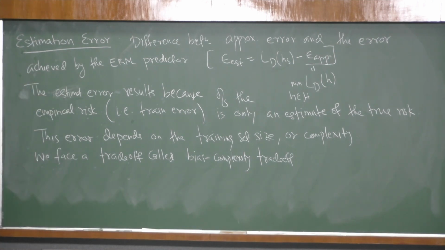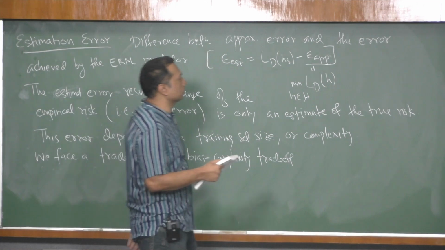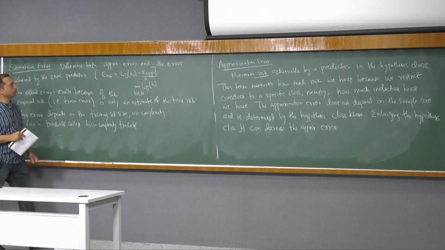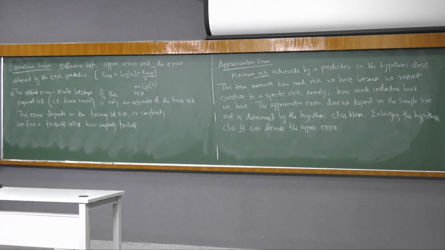So if we choose H to be a very rich class of functions, then we may overfit. The test error will be very high.